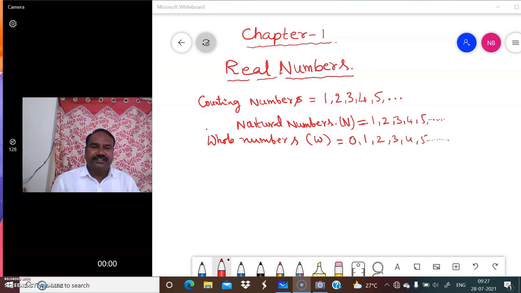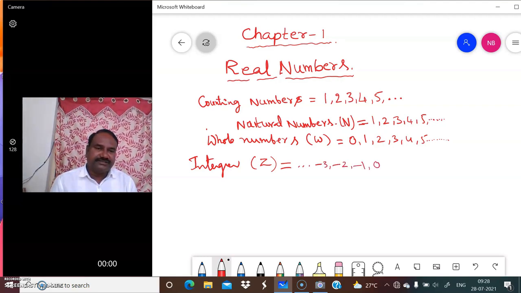That set of numbers is called integers, and the set of integers is denoted by the capital letter Z. Z equals ..., minus 3, minus 2, minus 1, includes 0 and some positive numbers. This is infinite on either side, so we write dots on the negative side, and on the positive side also it is infinite.